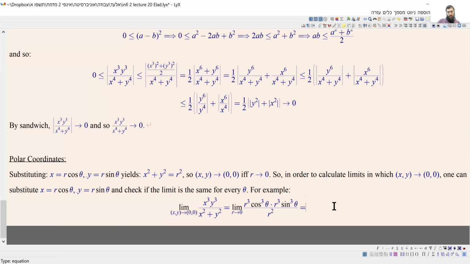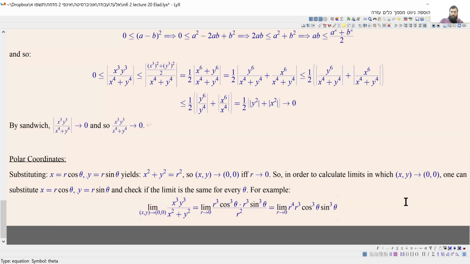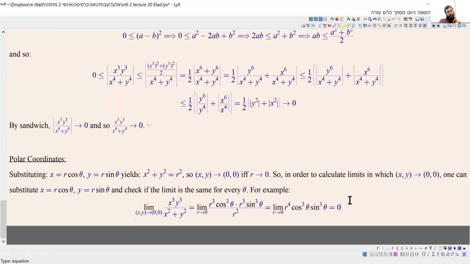And we are left with the limit of r to the power of 4 multiplied by cosine cubed theta sine cubed theta, which is 0, no matter what theta is. But sometimes theta appears in the denominator as well, and it is, as I mentioned, a bit tricky.